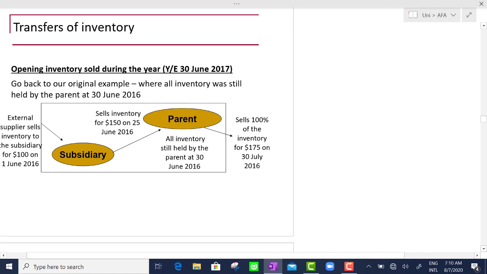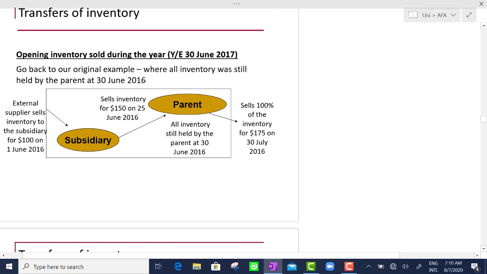Look at this example. Now this is our original example. Right? Original example. එක හොඳට මත් බලා ගන්න. External purchase එක වුණේ on 1st June 2016. Right? Intercompany sale එක වුණේ on 25th June 2016. Same year. Right? The first situation we discussed, all inventories still held by the parent at 30th June 2016.